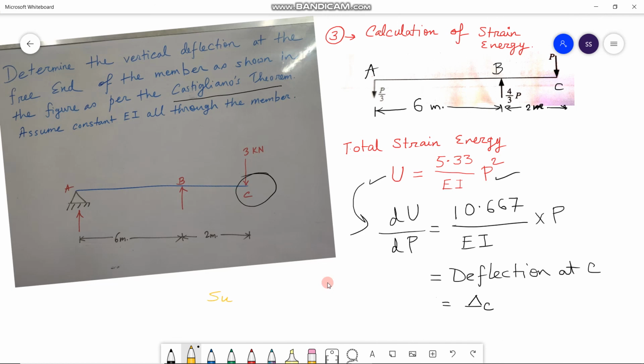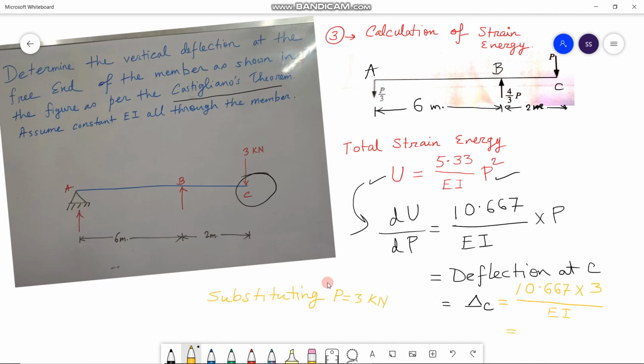Now, substituting P equals 3 kilonewton, we get delta C, that is deflection at C, equals 10.667 into 3 by EI.